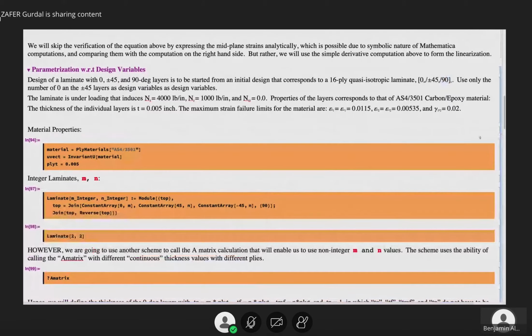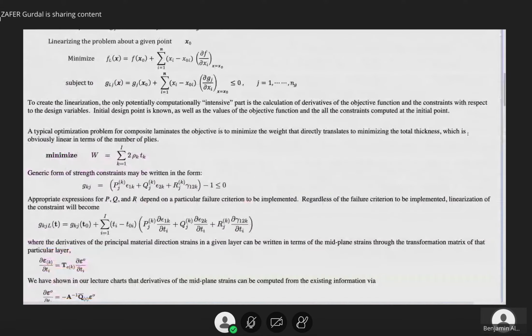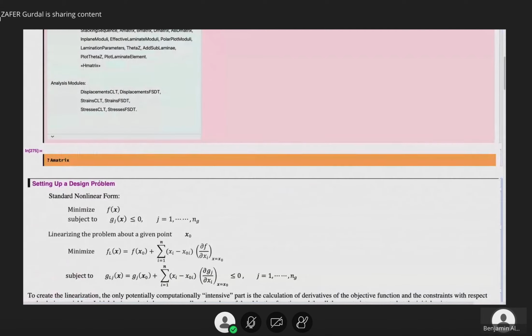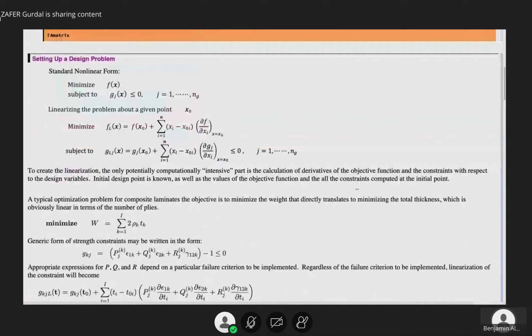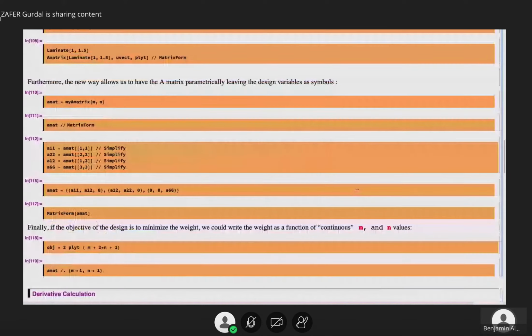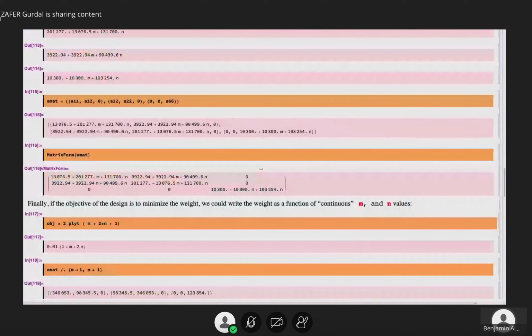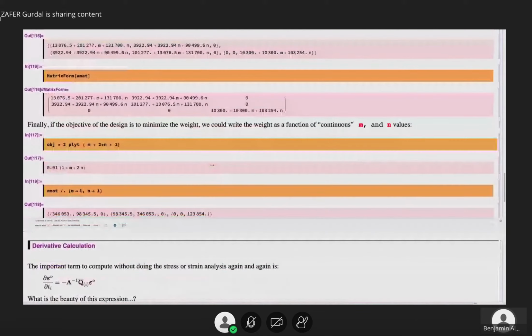And I'm going to execute this entire cell in one go, setting up the design problem. This will be executing all these lines that we covered in the last lecture. Okay, shift, return. So everything is executed in there.